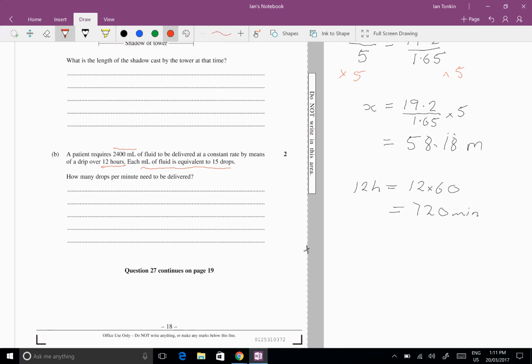And we know we need minutes because it says drops per minute. And we've got 2,400 mils. And in each mil there's 15 drops. So times that by 15, and we get 36,000 drops.